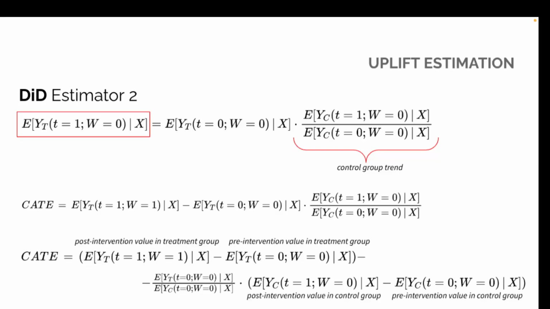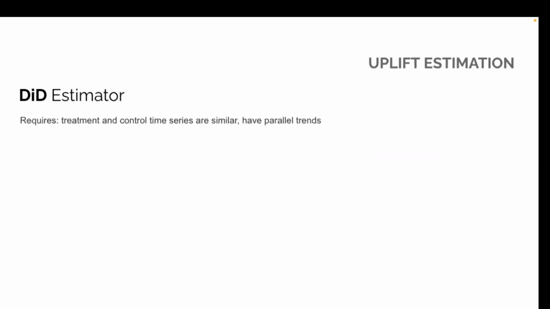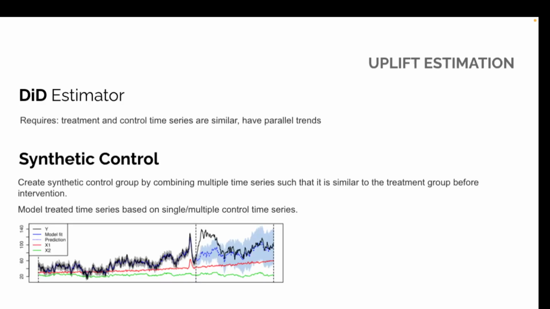So let's skip this one. It's not important. So the difference-in-differences estimator requires similar time series in control and treatment groups. And as I said, choosing a control group is not up to me because it's not A/B testing. So what if I cannot find a similar time series to the treatment group, right? Then another approach is used.